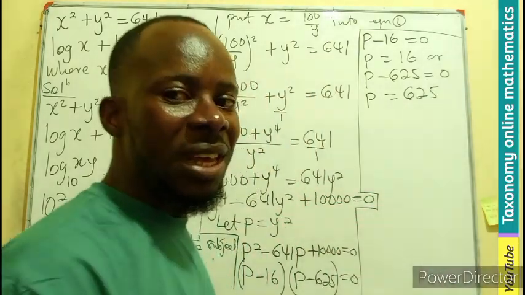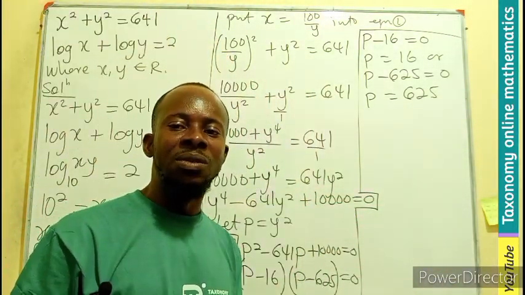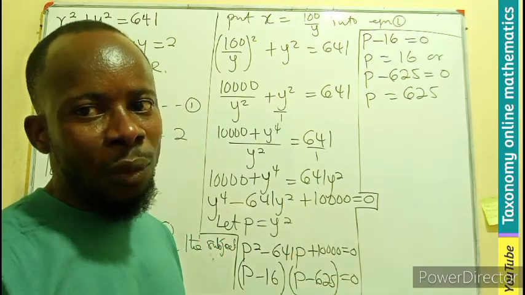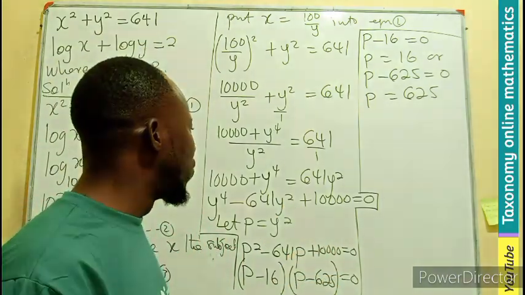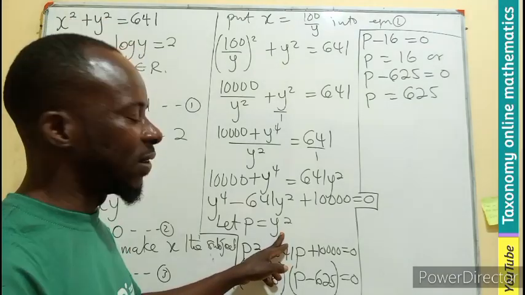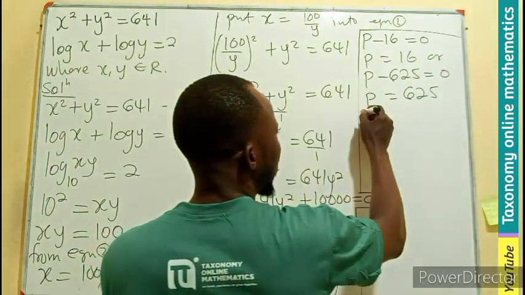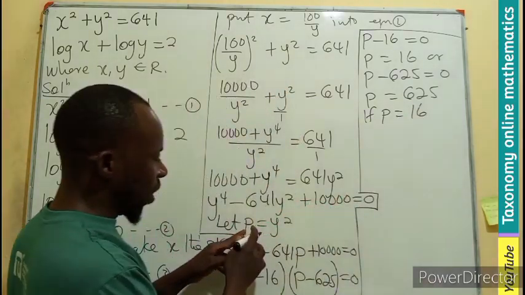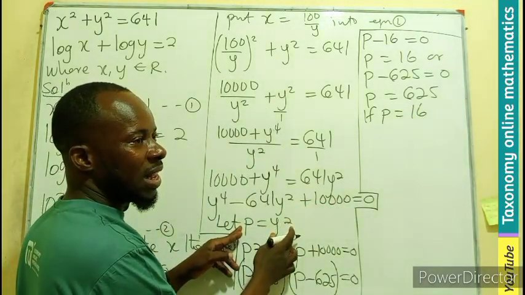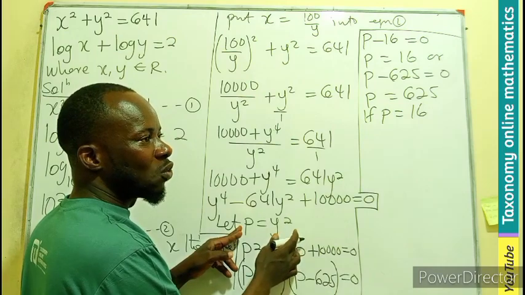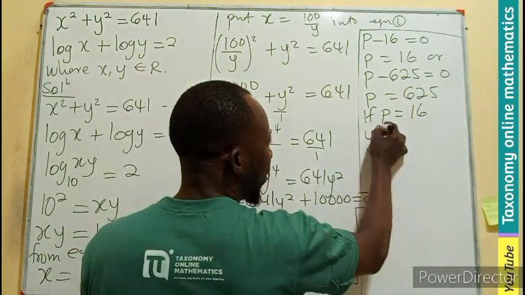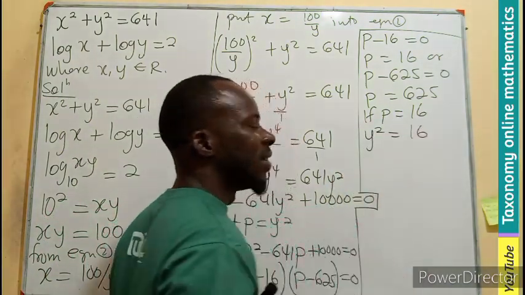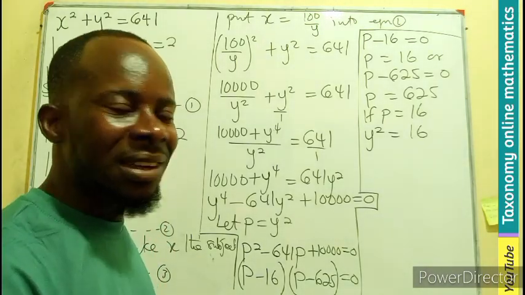So the values of p are 16 and 625 respectively. But we are not looking for p. We are looking for what? y and x. So we can say that if p equals to 16, and p equals to y squared, it means that y squared will be equals to what? 16. You see that? Good.